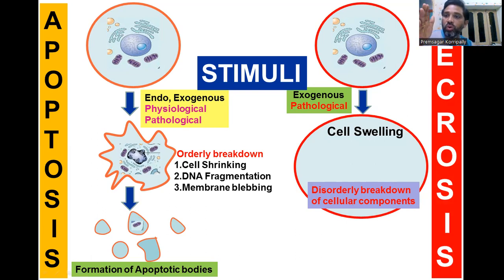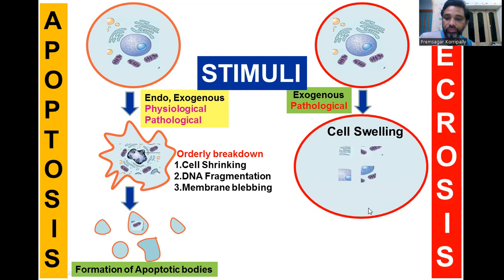There is no ordered sequence of events. In apoptosis, the cell first detaches from neighboring cells, a detachment happens first, but here no. So there is no particular way in necrosis. Disorderly breakdown of cellular components.